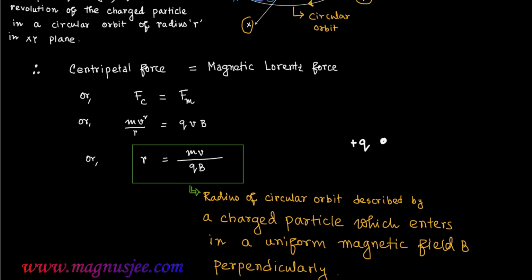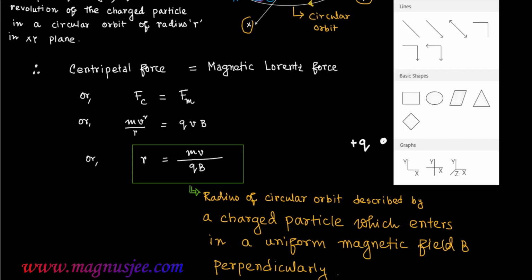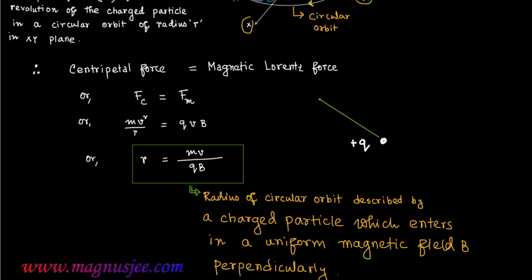So plus q is the positively charged particle at the point A, and it travels with a velocity v in the xy plane. Magnetic field B acts along the z-axis such that the velocity of the charged particle is perpendicular to the magnetic field, and this charged particle will describe this circular orbit. The charged particle will revolve in a circular orbit in clockwise direction, and the radius of the circular orbit will be r equal mv by qB.